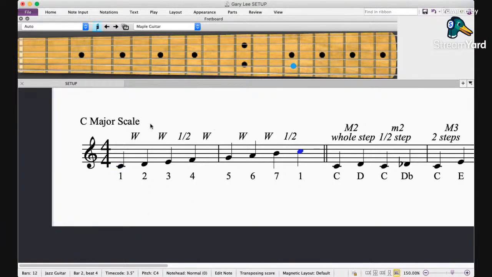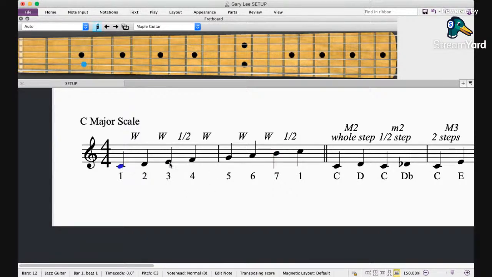If you can memorize those, then you can change them and get to the other intervals very quickly. For example, if you know that this is a major seventh and you lower it, then you know that this is now a minor seventh.